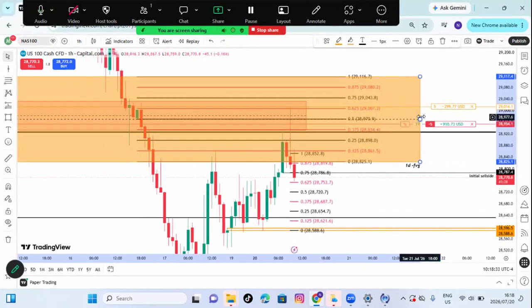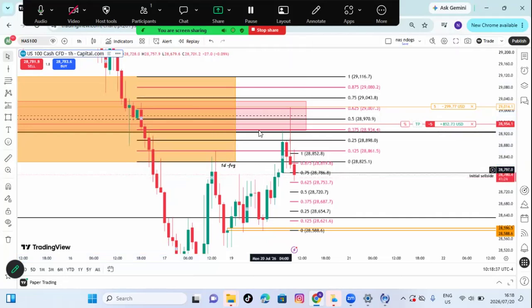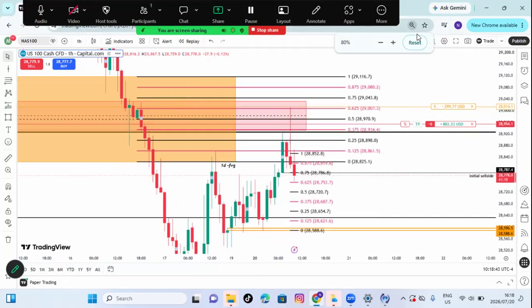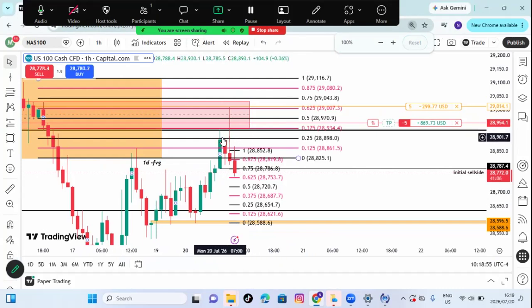So I'm just gonna move it to the side once more, just a bit, right there. But basically, this grading that you see here, I was measuring this orange inversion fair value gap. And I know that any return into it should end right there. And that's an algorithm.